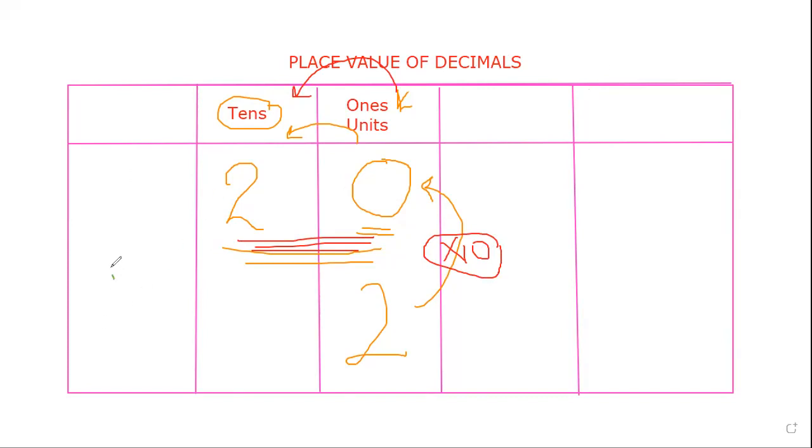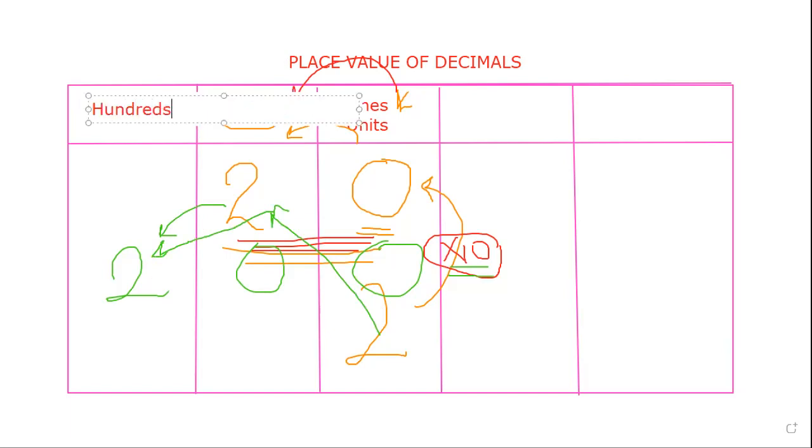My number is becoming bigger in value. Yes or not? When I multiply by 10, the 2 becomes 20. The 20 can become 200. And you see the 2 is moving its place into now the hundreds house already. Yes or not? This is the hundreds house.